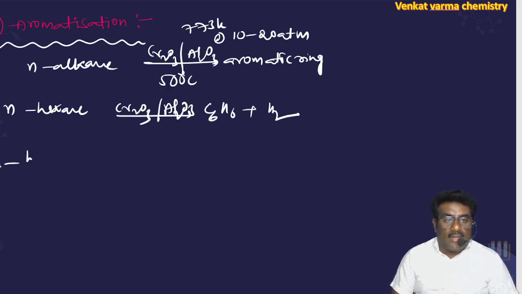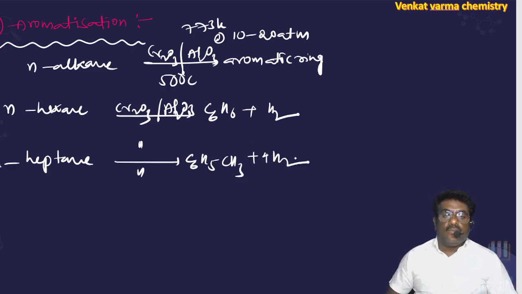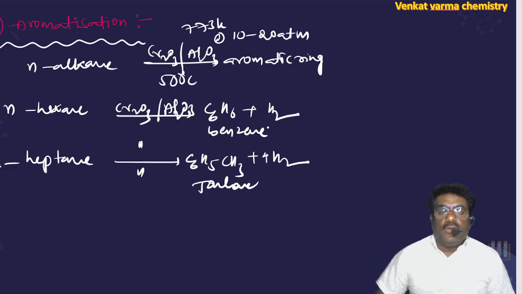Have a look at n-heptane. n-Heptane in presence of Cr2O3 Al2O3 gives toluene, C6H5CH3, and releases 4H2. This is toluene, and this is benzene. n-Hexane to benzene, and n-heptane to toluene. This is the aromatization.